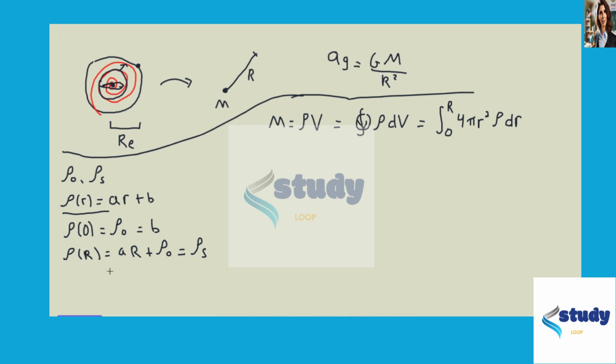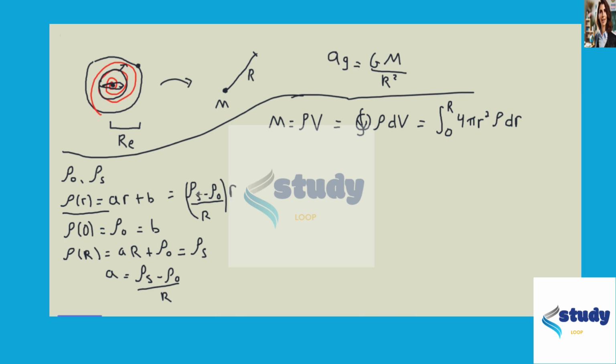So we can solve for a now, and we should get that's going to be rho sub s minus rho naught over R. And so plugging in a and b into our expression here, we should get rho sub s minus rho naught over R, and this whole term times little r.